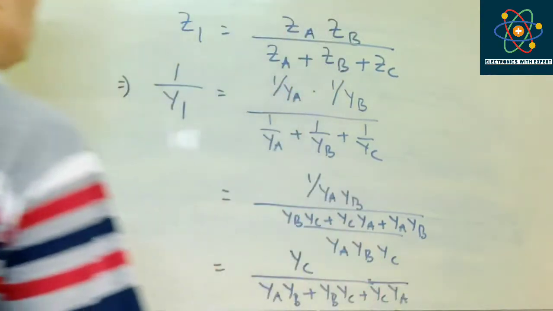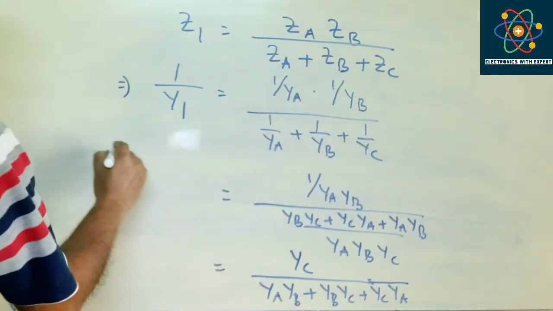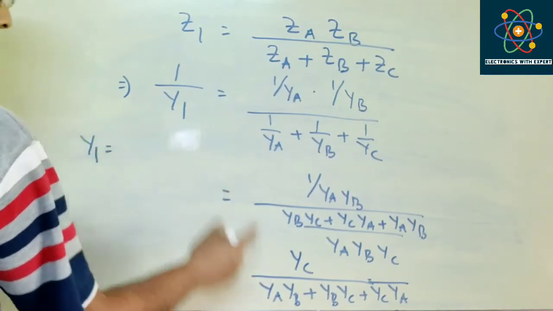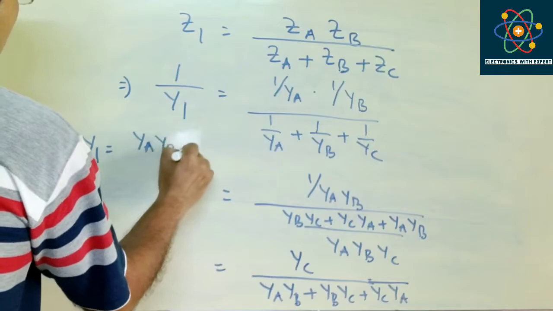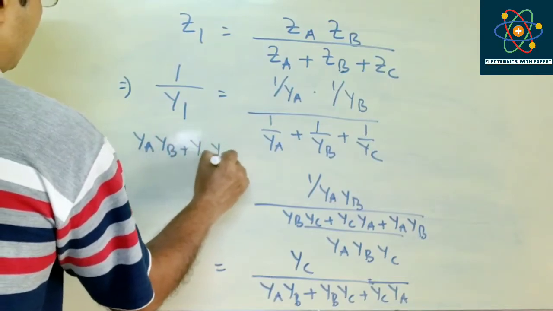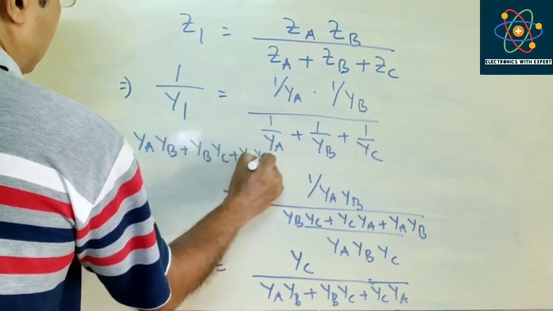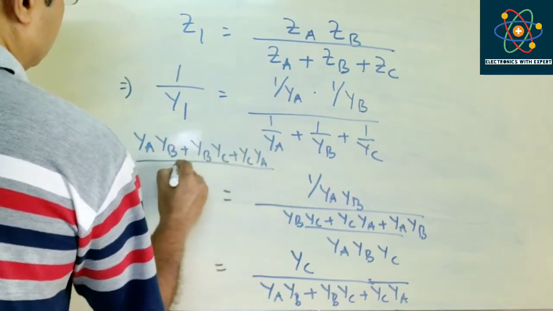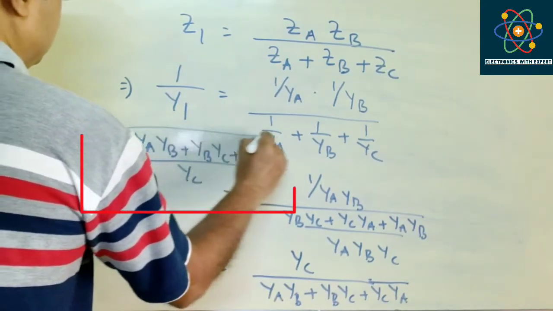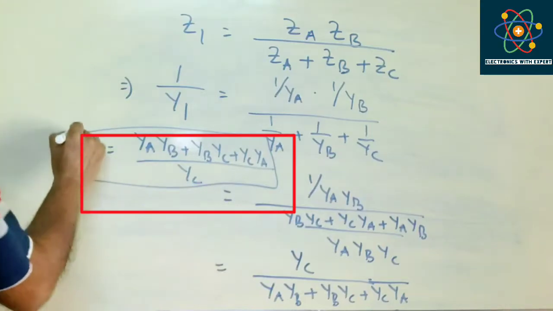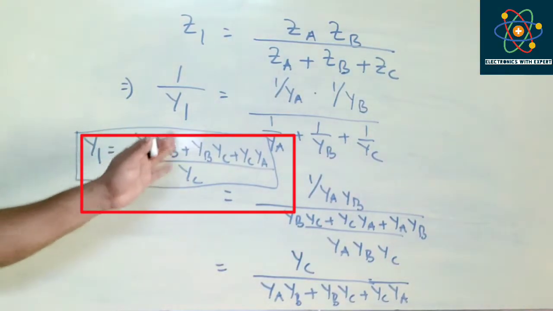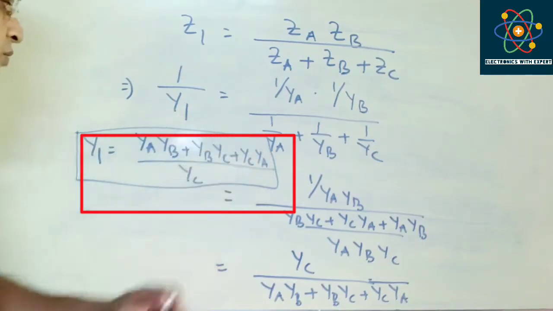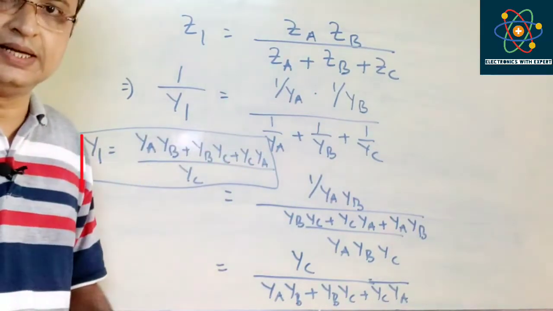So the value of Y1 will be the inverse of this, that is YA YB plus YB YC plus YC YA, divided by YC. So this is the admittance form of Z1, that is Y1 equals YA YB plus YB YC plus YC YA whole divided by YC.